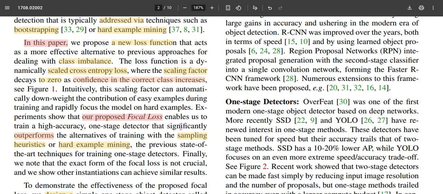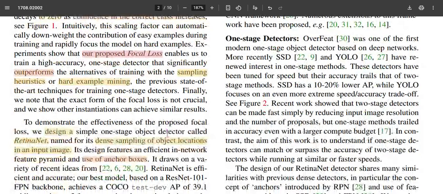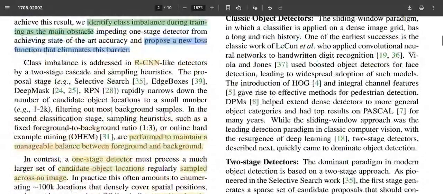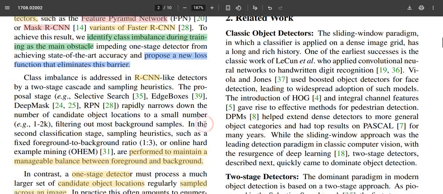Once this modified version of the cross entropy loss has been set up, it is applied to a new neural network architecture called RetinaNet, similar to YOLO or SSD, to validate this new training loss, which tries to address the imbalance between positive samples and negative samples.